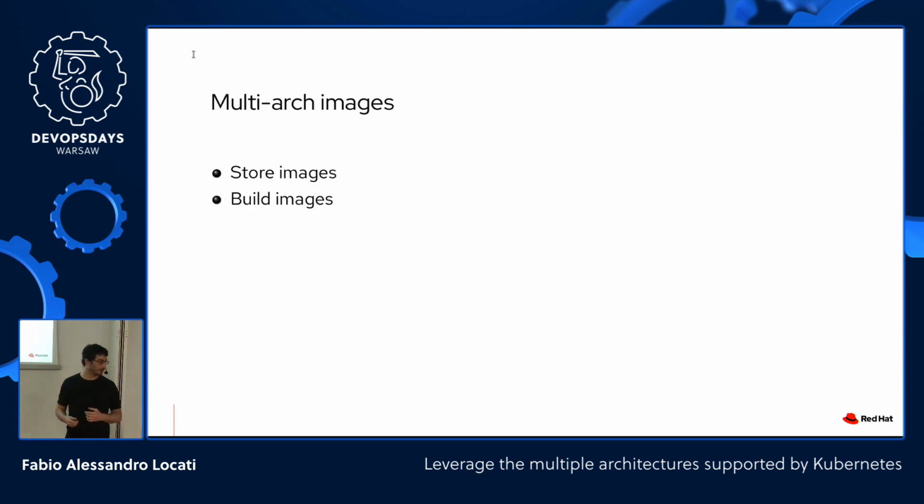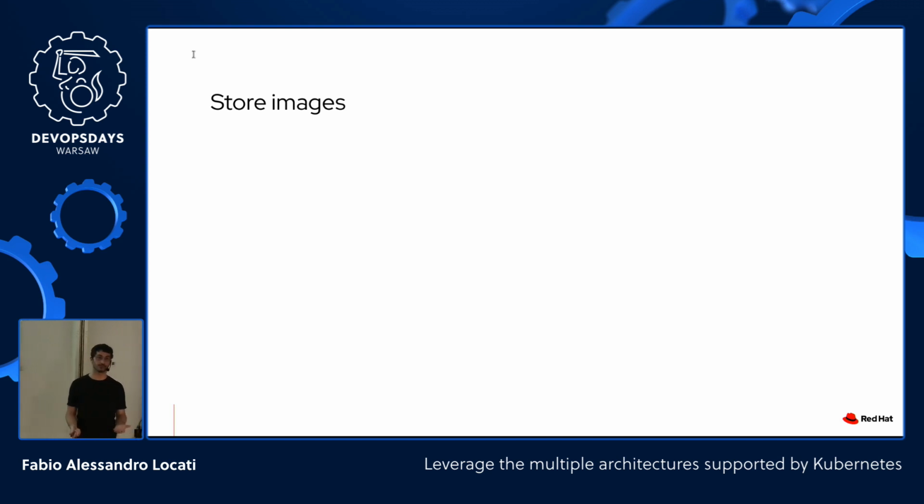Now, there are two issues or two points to think about when we are talking about multi-architecture images. The first one, obviously, is how do we store images? Usually, we store images in registries. Will my registry work? Will it not? Will I have to do something about this? And the second is how do you build those different images?